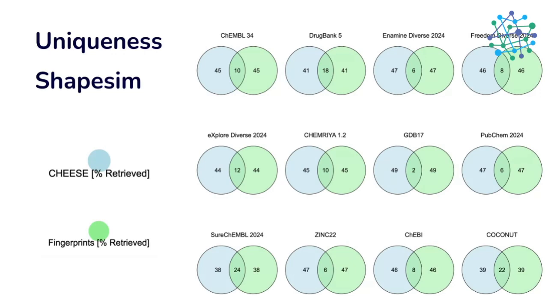For instance, in this Venn diagram, it means that 45 percent was retrieved by CHEESE, another 45% of molecules were retrieved by fingerprints, and only 10% of those molecules are common. So if we look at it and average all the results, it seems that in all the cases, on average, the molecules retrieved by CHEESE are highly unique, and in fact more than 80 or 90% of them are different from what's retrieved by fingerprints.